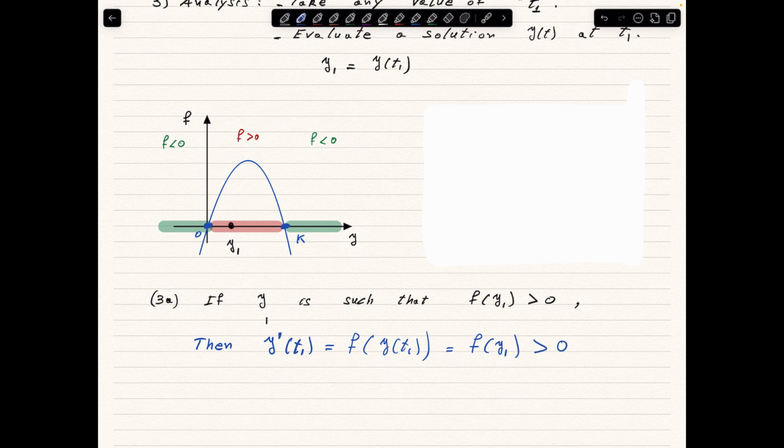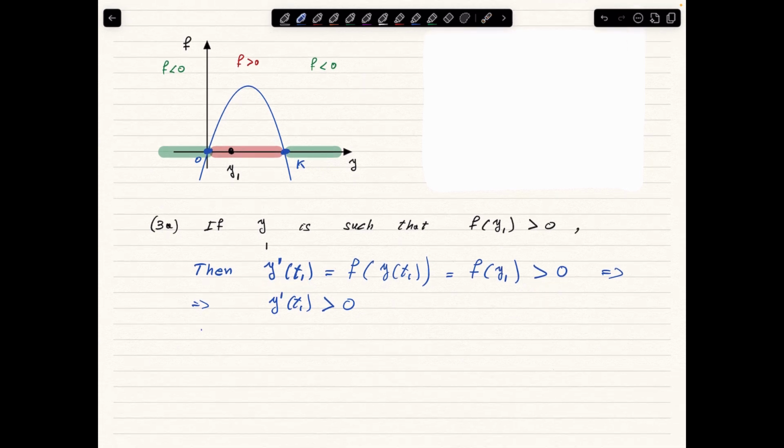Well, what we have concluded from here is that for that solution, the derivative at t1 is positive. This is the derivative, and it's positive. Okay, so that solution, because it has positive derivative at t1, so the actual solution, not the derivative, just the solution, is an increasing function in time, because it has positive derivative.